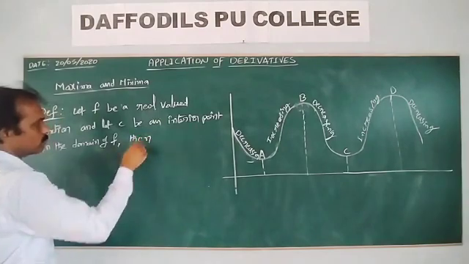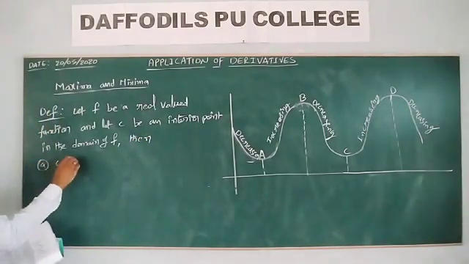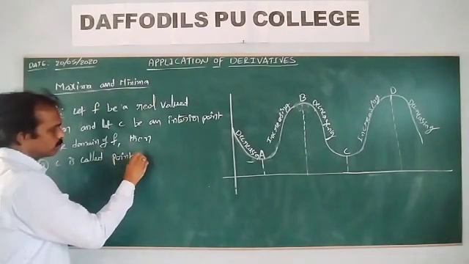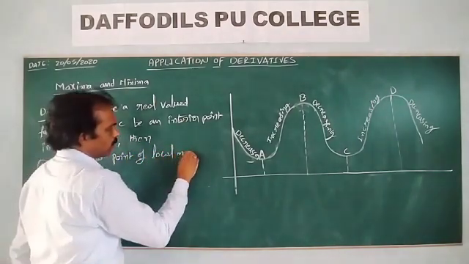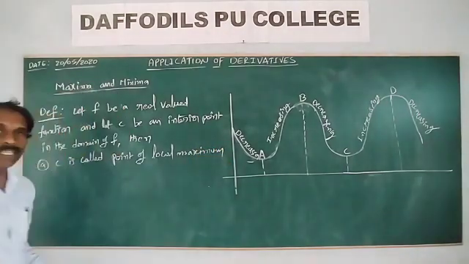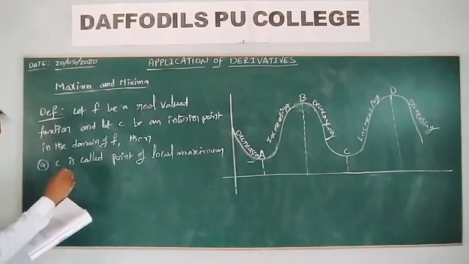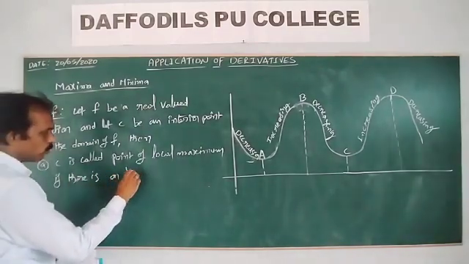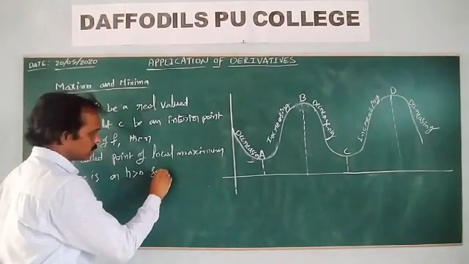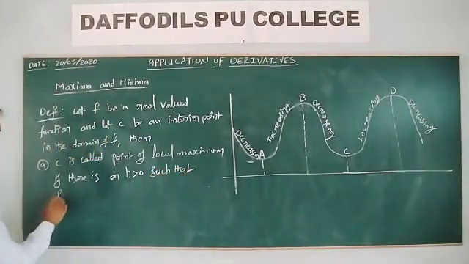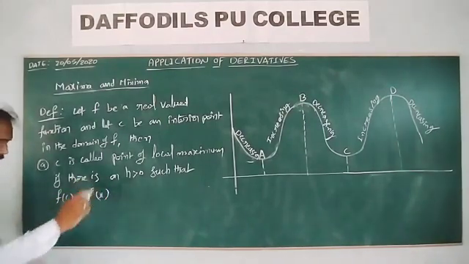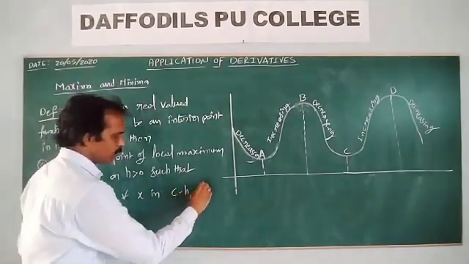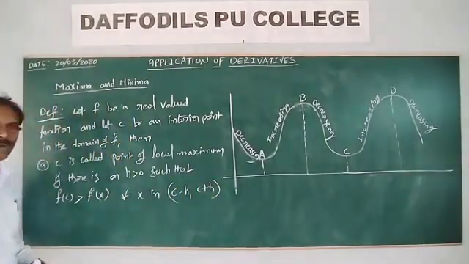Then c is called a point of local maximum if there is an h greater than 0 such that f of c is greater than f of x for all x in (c minus h, c plus h).